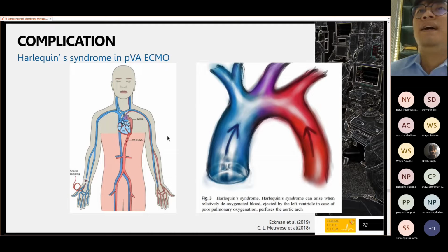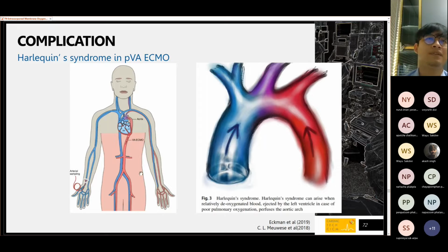Another thing we need to be concerned about is related to the reticular flow from the VA ECMO. As I told you earlier, we put the catheter into the femoral arterial line here. But in the first few days, the heart is still like pumpless, weak to pump, right?